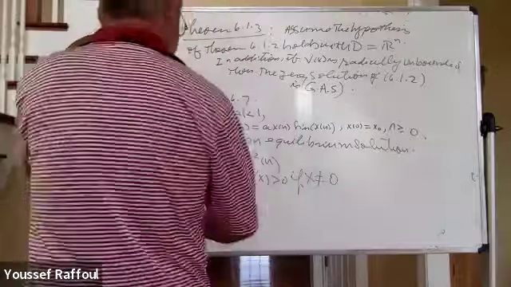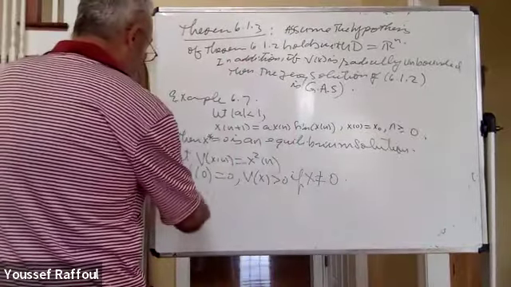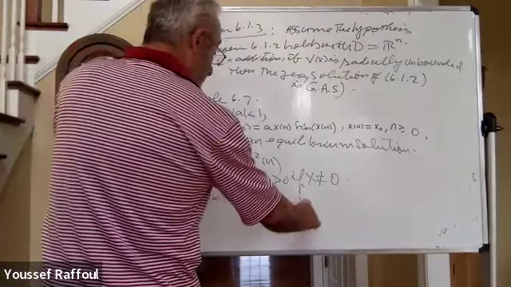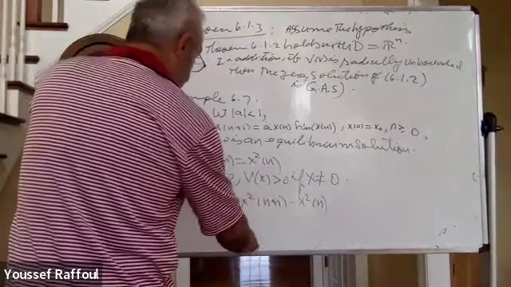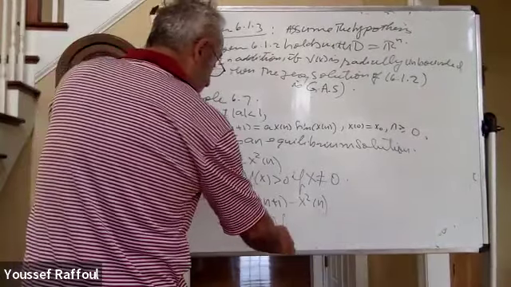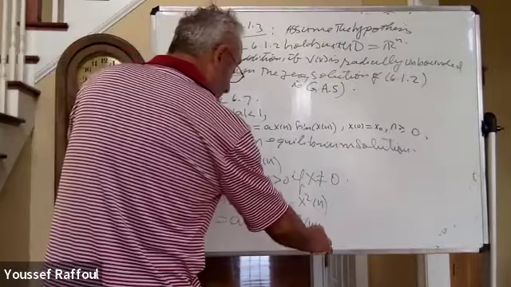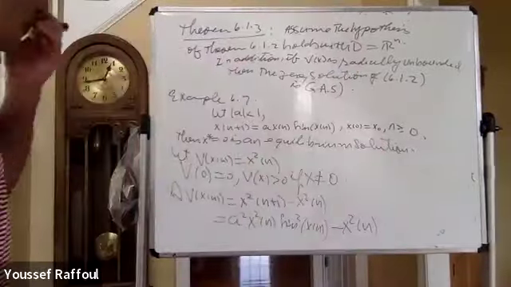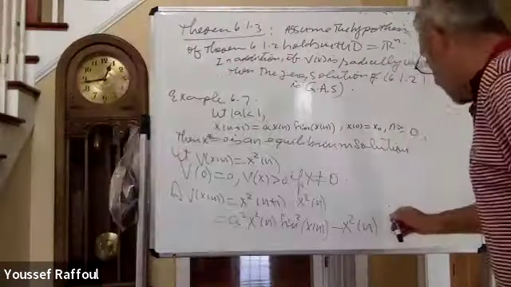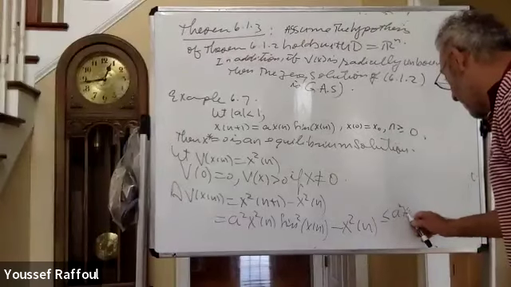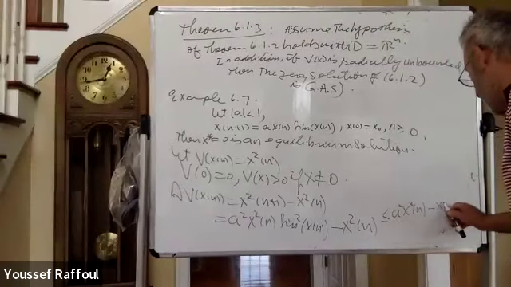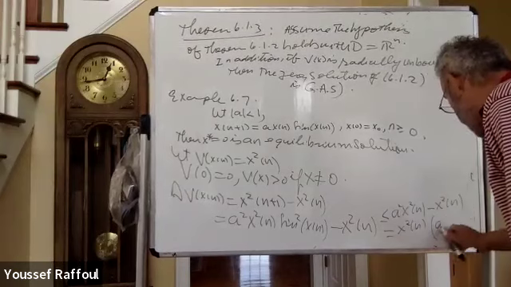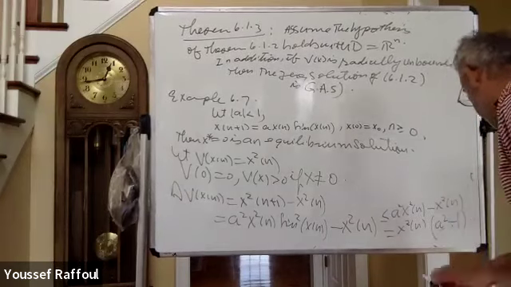Now, let's take a look at delta v of x of n. That is x squared of n plus 1 minus x squared of n, and that is less or equal to a squared x squared of n minus x squared of n, and that is x squared of n times a squared minus 1.